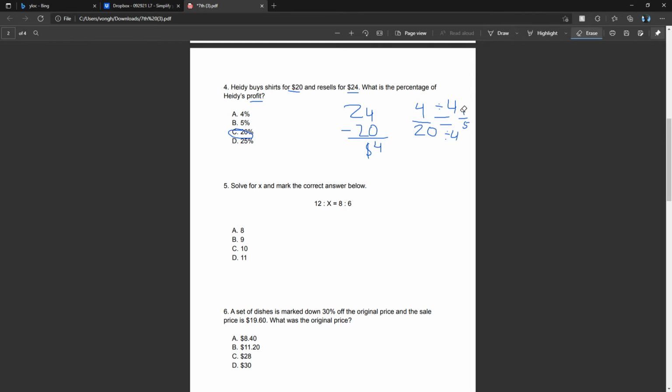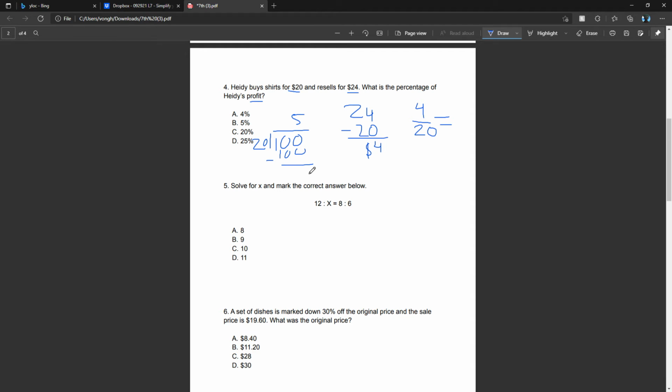And well, actually, here's an easy way to do it. So when you're doing percentages like this, you kind of want your fraction to be like 100. So you want the denominator to be 100. So to do that, you have to do 100 divided by 20, and that would be 5.